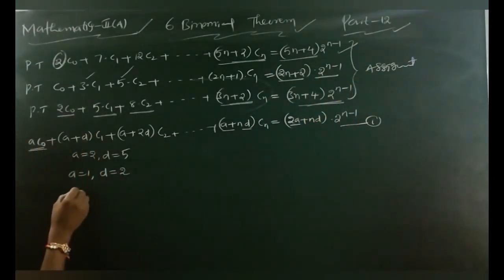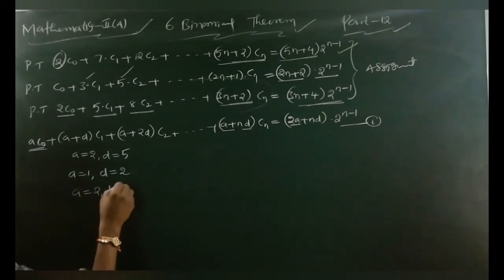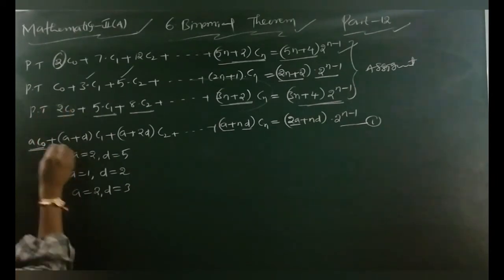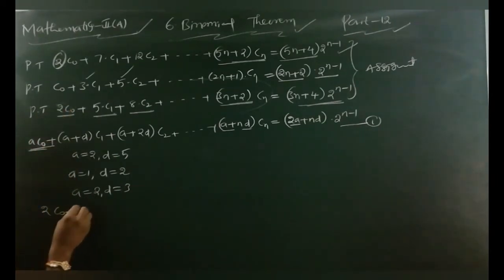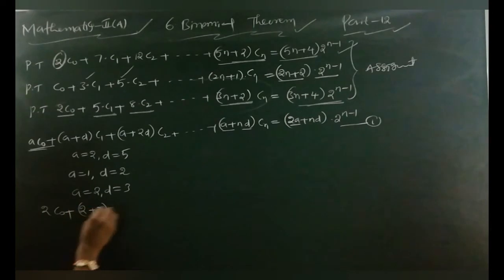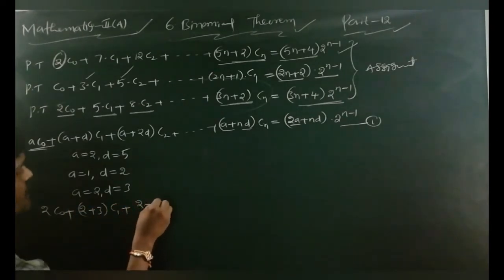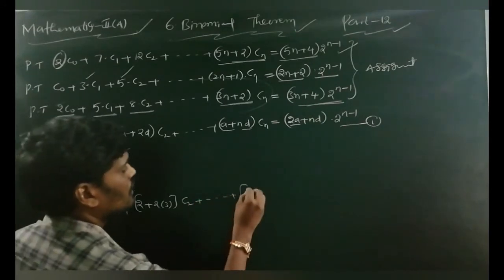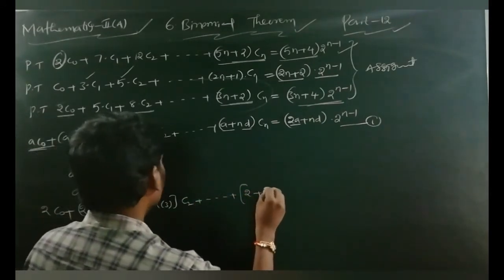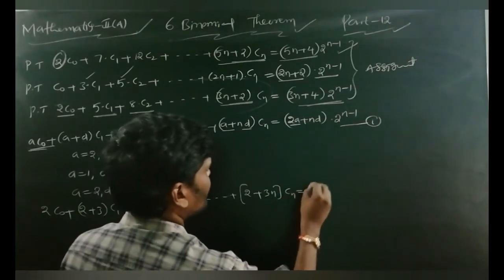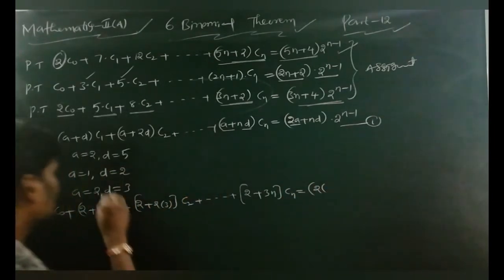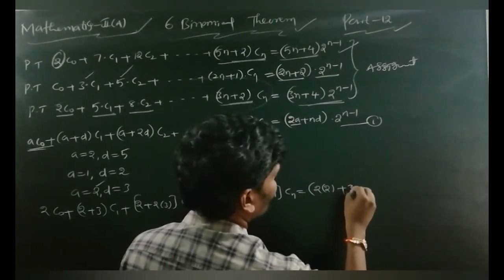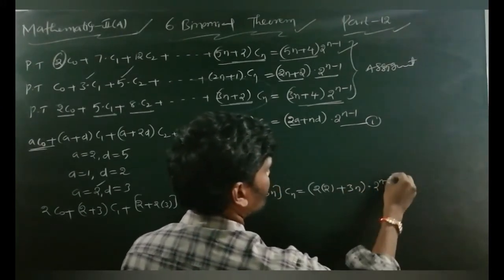Similarly, in the third question the a value is 2 and the d value is 3. Substituted in this equation: 2 C0 plus (2 plus 3) C1 plus (2 plus 2 into 3) C2 plus and so on, plus (2 plus 3n) Cn is equal to (2 into 2, plus 3n) into 2 power n minus 1.